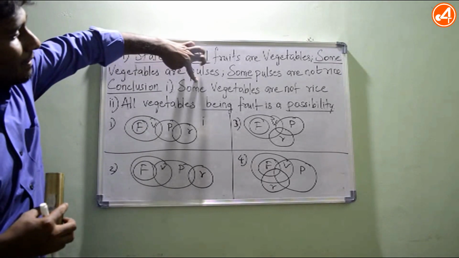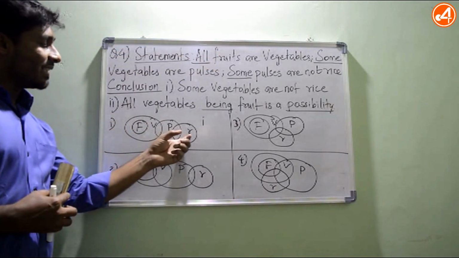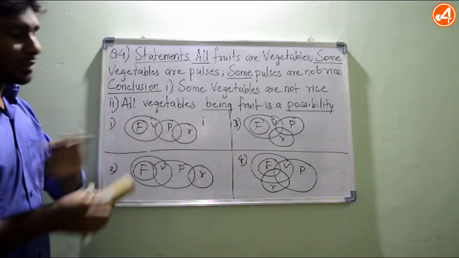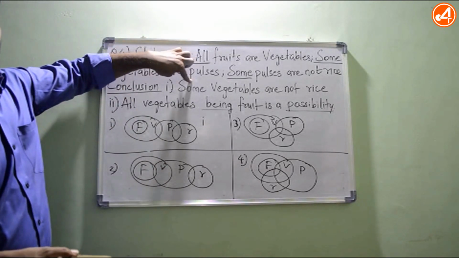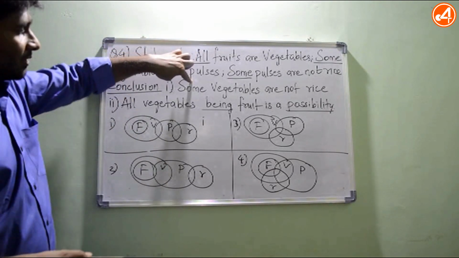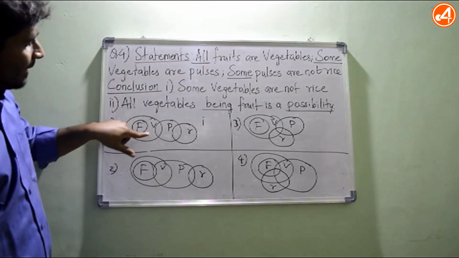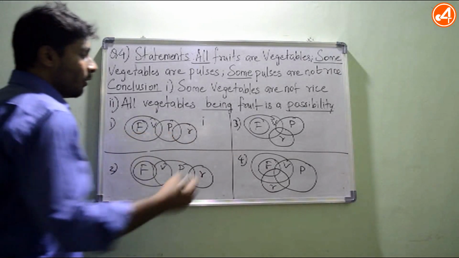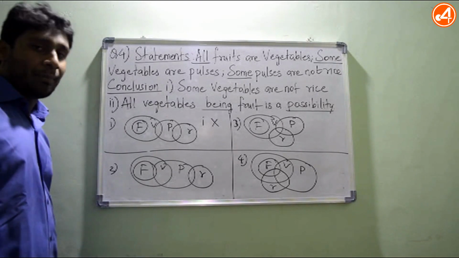If I say some vegetables are not rice, but here exactly all the vegetables are not rice. This diagram states that vegetables and rice have no connection at all. So this statement is exactly a false statement. Got it? So I should go for false for the given diagram and the given statement.